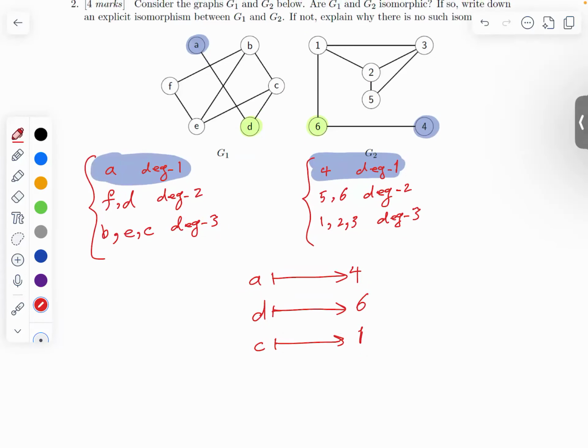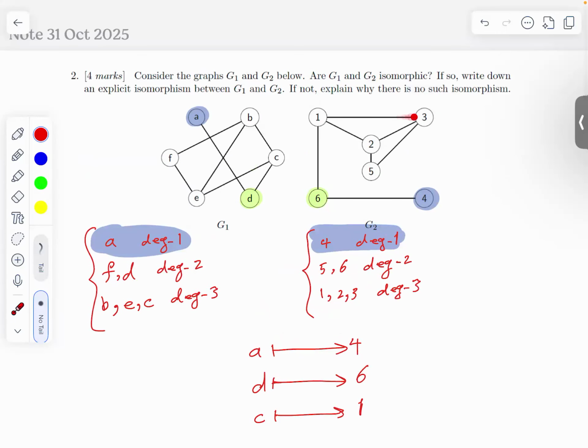Now, here is the important part. 1 goes to 3, degree 3, and 1 goes to 2, degree 3 as well. And C also, so let's highlight this one. Now we have two options here and two options here.